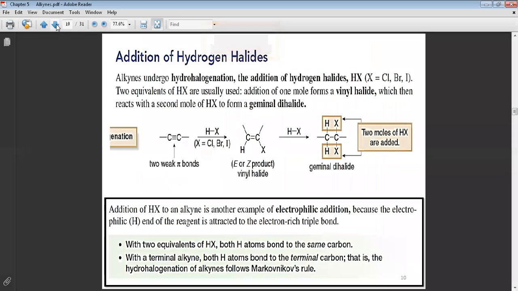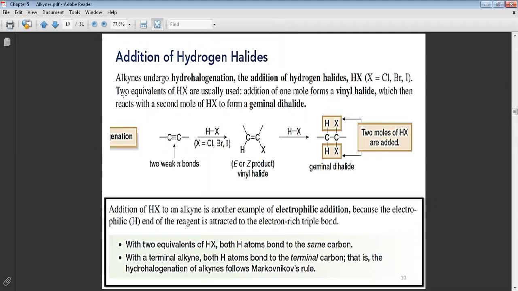Now, the first one, addition of the hydrogen halide. Look, the alkyne undergoes hydrohalogenation, the addition of the hydrogen halide HX on the triple bond.